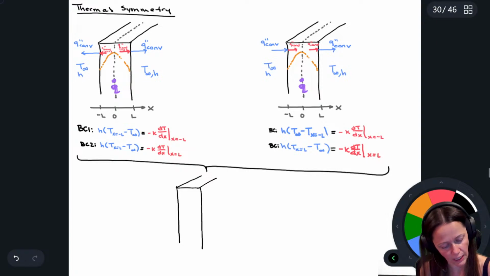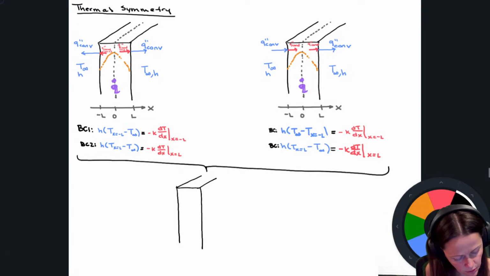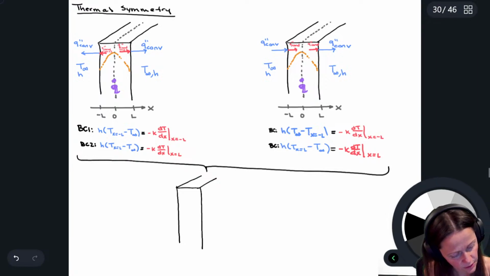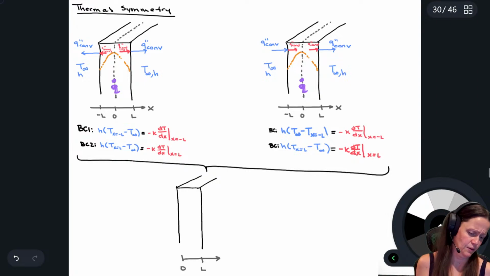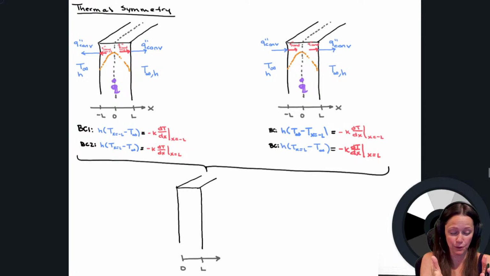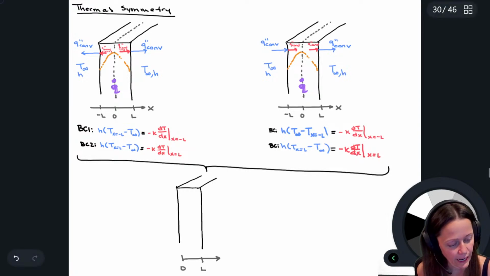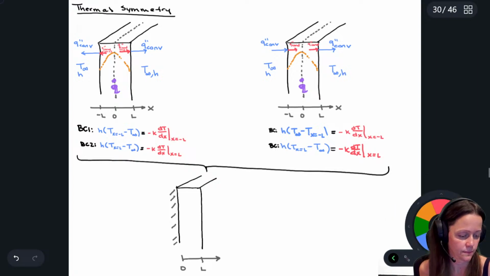So instead of looking at a plane wall that's a thickness of 2L, let's look at one that is just a thickness of L. I know it sort of doesn't look like it's half of it, but it's half of the width of what I had before. And the way that I'm going to deal with that is I'm going to model it like there's some insulation here.